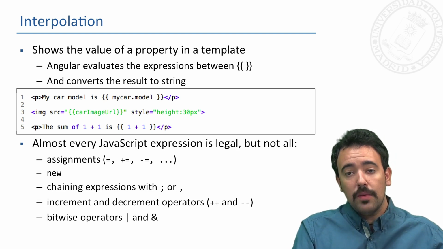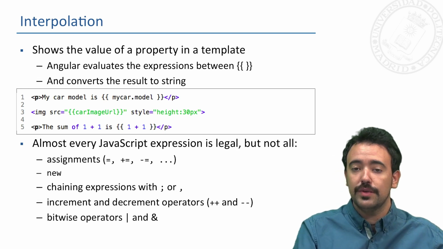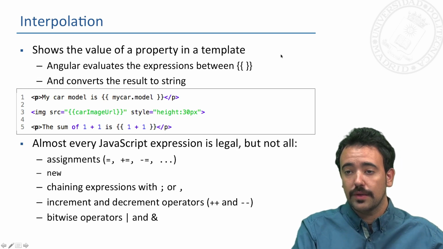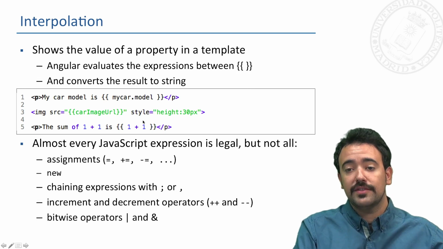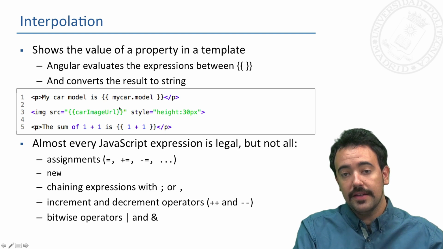Angular evaluates the expressions we introduce between these double brackets, as we can see here in the slides, converting the results to a string and rendering it in the template.